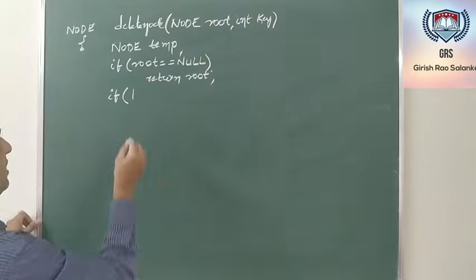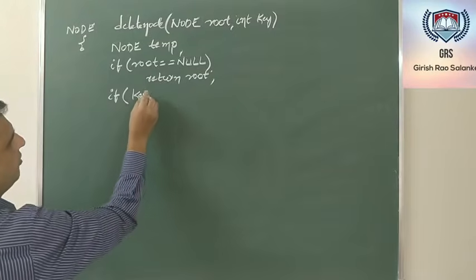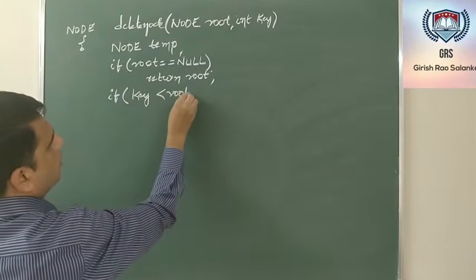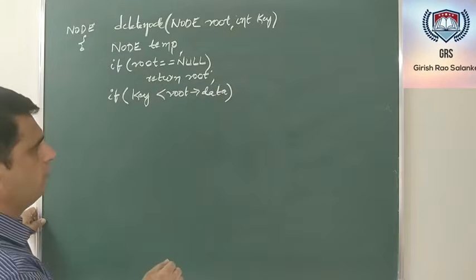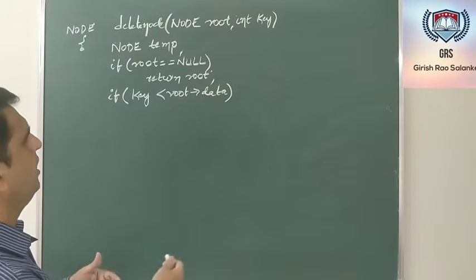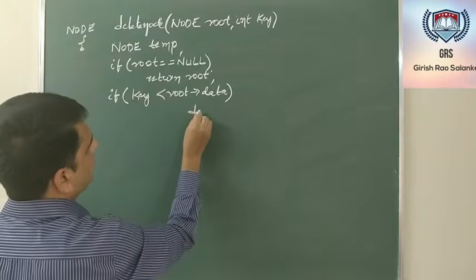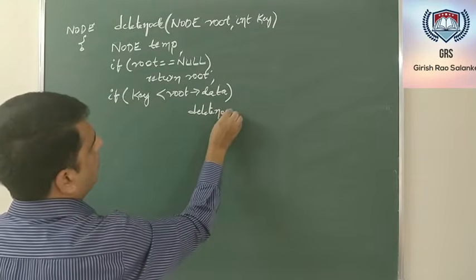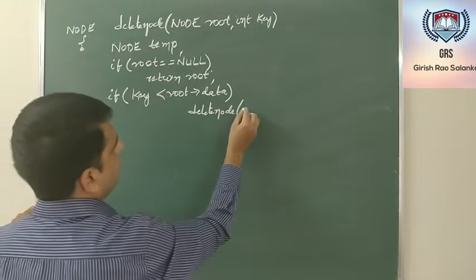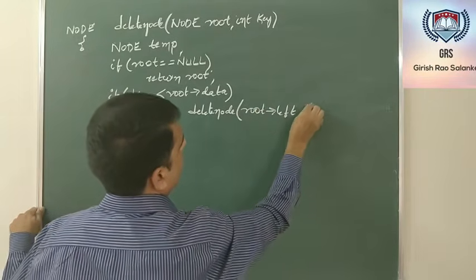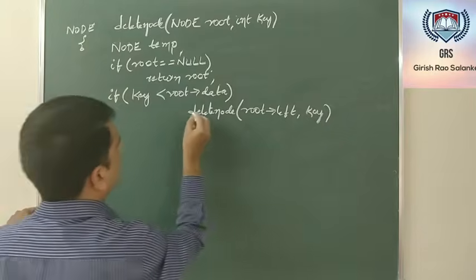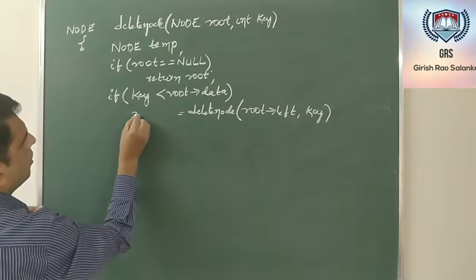If key is less than root of data, I will recursively call the delete node function with respect to root of left, comma key, and store this in root of left.